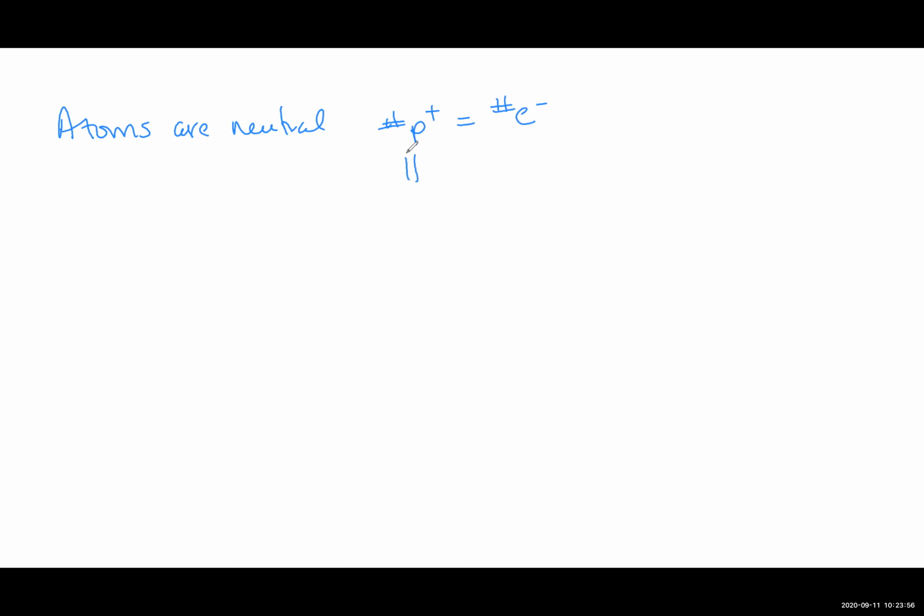And remember, the number of protons is given by the atomic number, and the atomic number is found on the periodic table. So if you're asked how many electrons are in an atom, the number of electrons in an atom is equal to the number of protons, and that can be found on the periodic table just by finding the atomic number for that element.